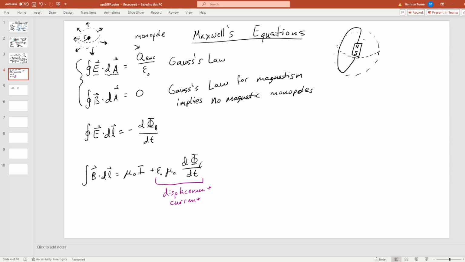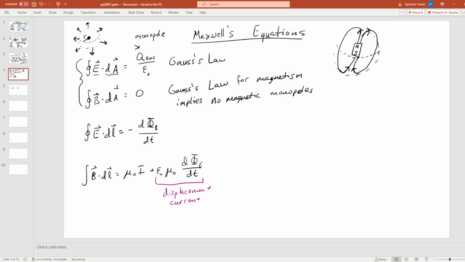And the magnetic fields are going to be these butterfly wing loops. And so what that means is whatever is going out of the Gaussian surface in one direction has to be coming back through in the other direction. And so there's no single pole producing magnetism.